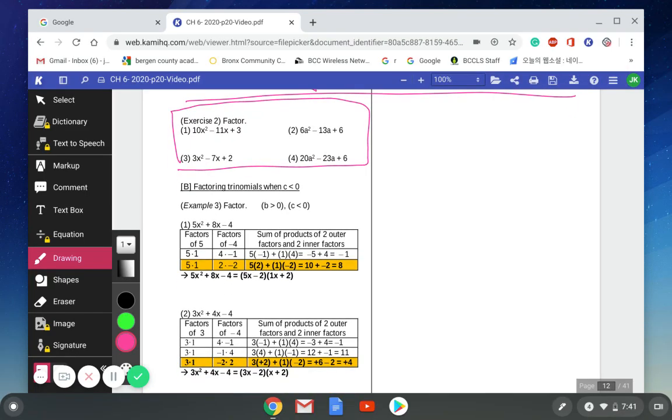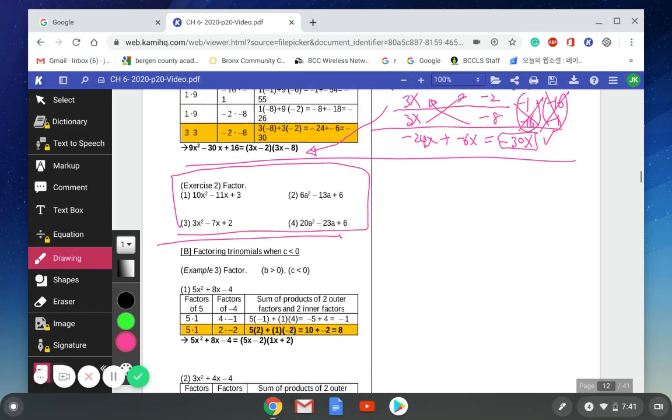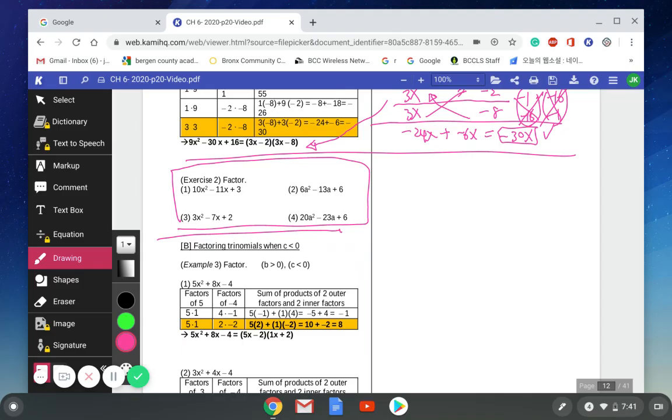Now, another type of question is when you have a plus and minus. To refresh your memory, when you have plus and plus, both factors have to be plus plus. When you have minus and plus, both factors have to be minus minus.